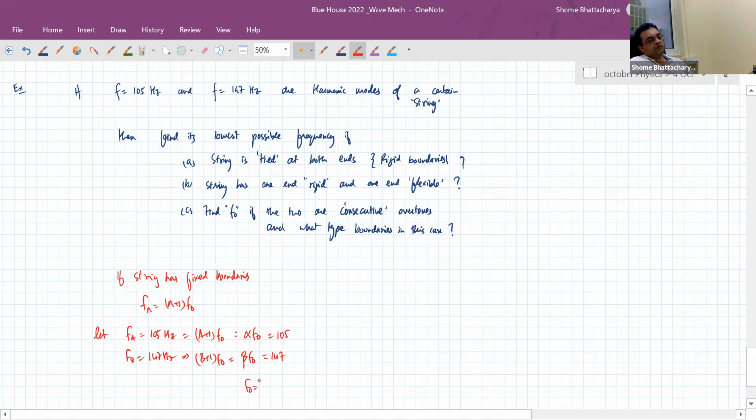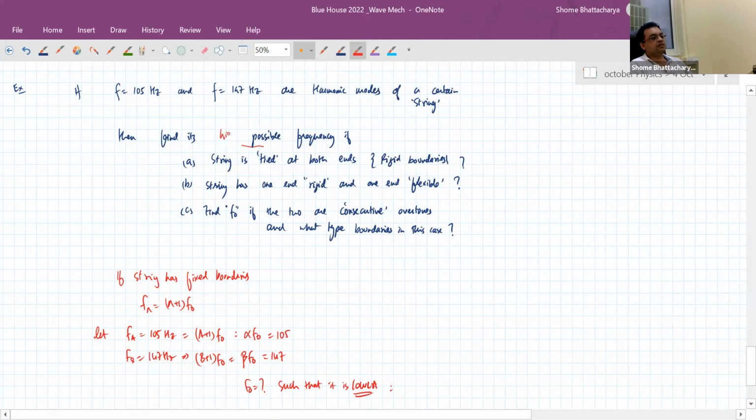So we have to find f naught such that f naught is lowest possible. Oh sorry, instead of lowest possible, we will calculate this as the highest possible, because lowest possible can be anything, no?